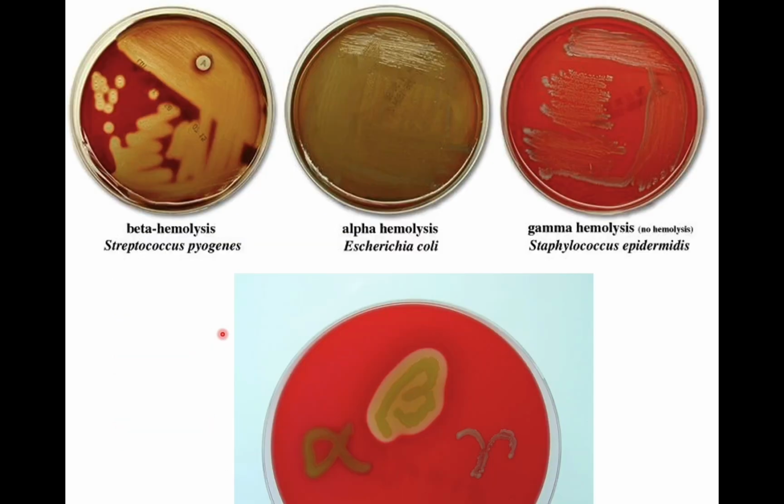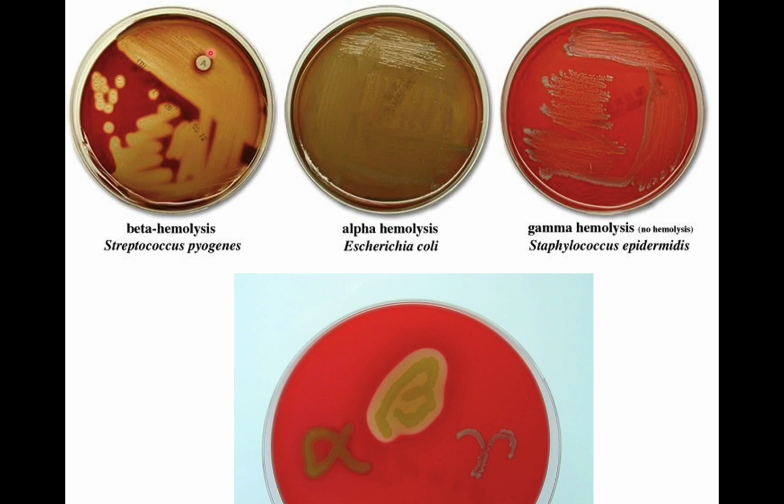Let's look at beta hemolysis. Whenever we grow beta hemolytic Streptococcus bacteria, we grow it on blood agar. This is the blood agar, and you can see it clearly. This is the colony.